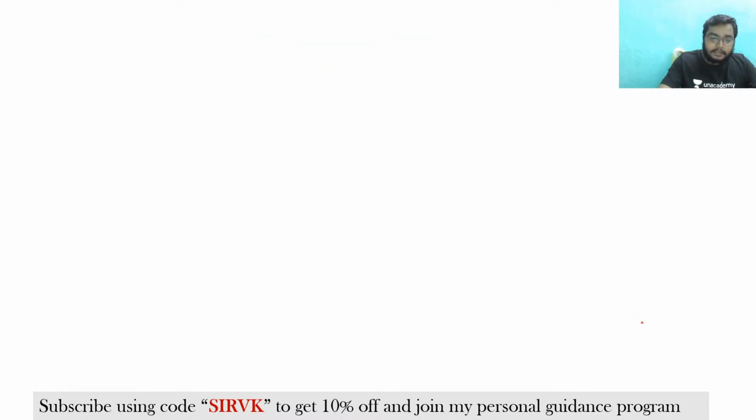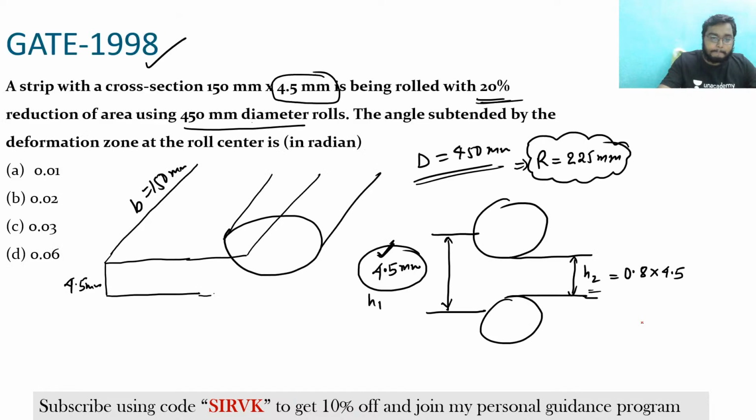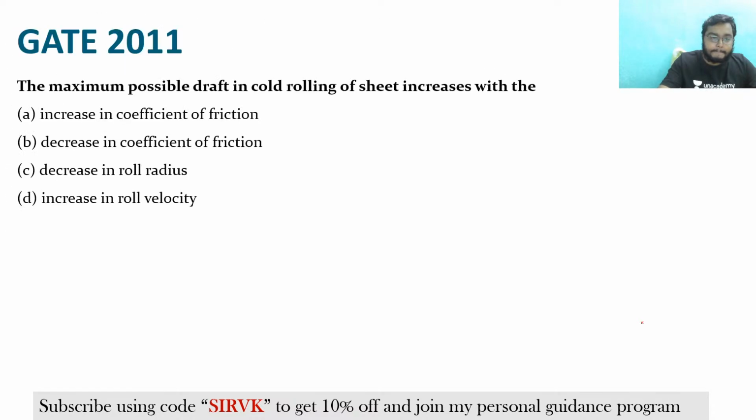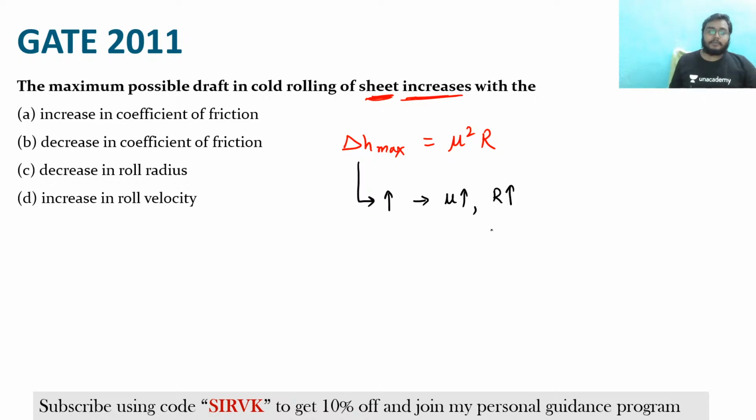So let me write it here: the maximum possible draft delta H max is equal to mu squared R. From this equation, I can understand that for the maximum possible draft to increase, my delta H max will increase only when mu increases or the radius increases, right or wrong?